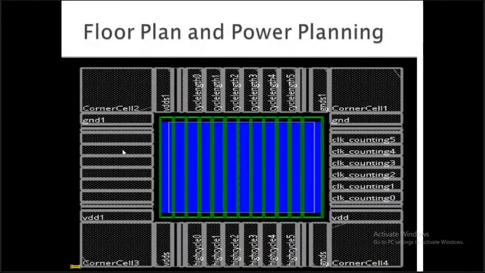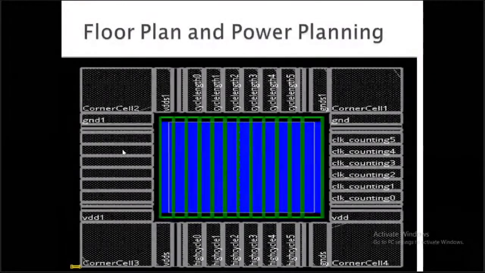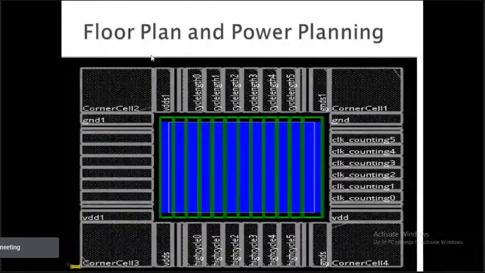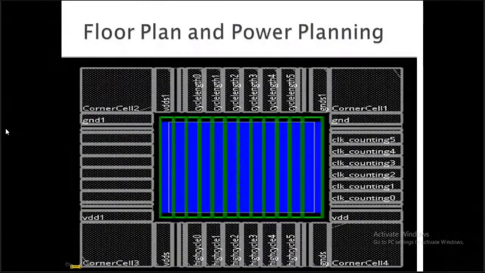Because in the external world there is huge noise. If noise is more, we have to make our circuit more robust. So we cannot directly give 0.8 volt to the outer world. Otherwise noise will be added to the data, and what we are trying to achieve will not be achieved.